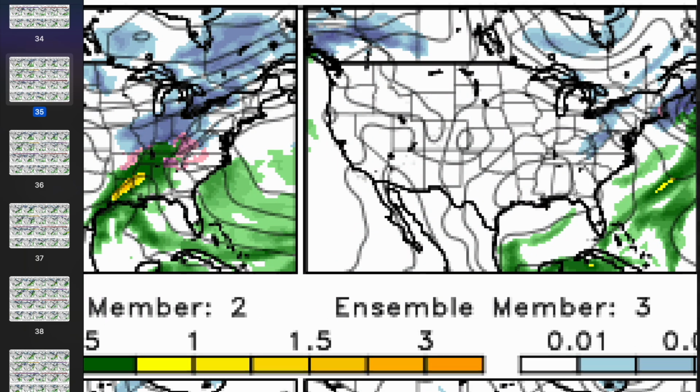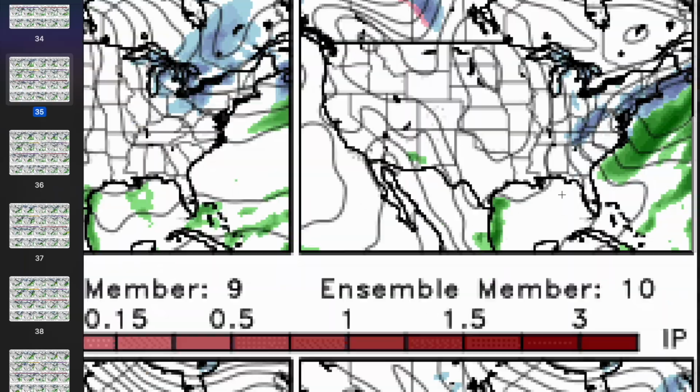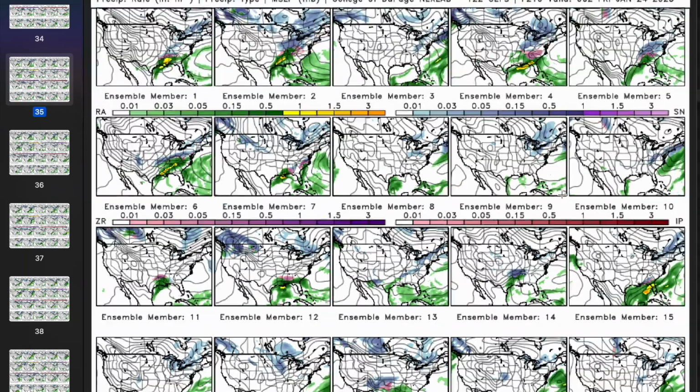This member has high pressure, clear skies. So you see the ranges here. All of these solutions are possible here. And this is late Thursday, the 23rd, into early Friday morning, the 24th. A wide range of possibilities here, from rain to an ice storm to snow to beautiful weather. All of that's possible.